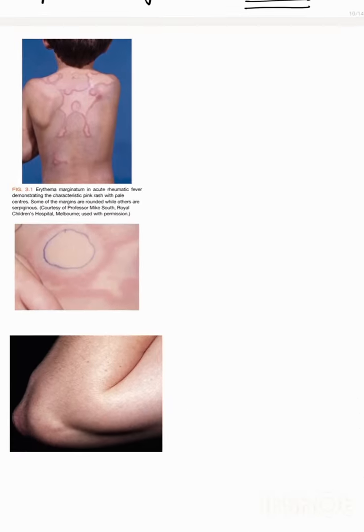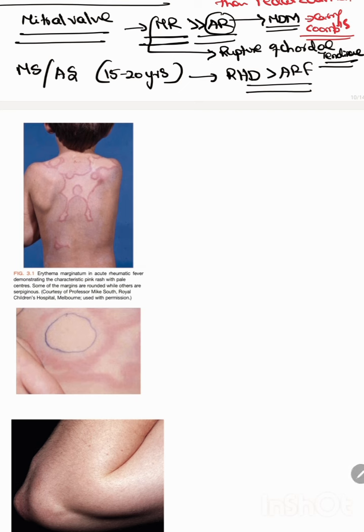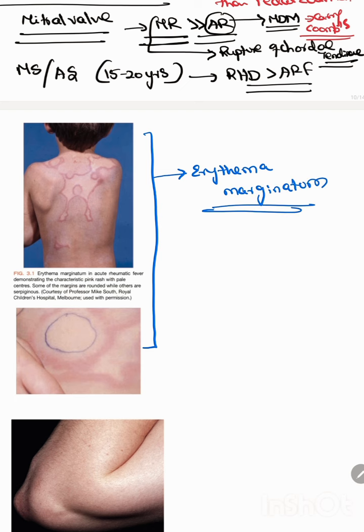Next, coming to the two very important manifestations, not minor, but the least common major criteria of acute rheumatic fever. This is the textbook image of erythema marginatum.